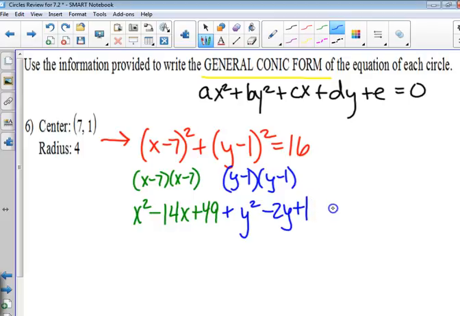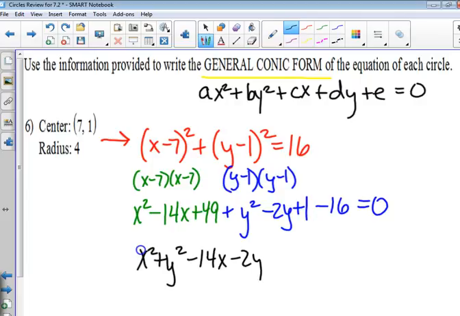It's supposed to equal 0, so I'm going to go ahead and do minus 16 over to that side. Is that okay? Now I'm going to rearrange it in this crazy order. X squared plus y squared minus 14x minus 2y plus what? 49 plus 1 minus 16.